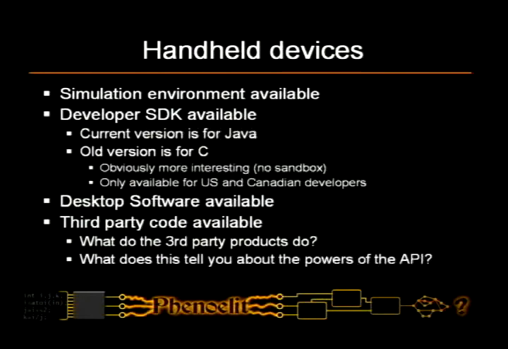So, for the handheld devices, the details were fairly interesting because there is a simulation environment available, which helps a lot. There is a developer SDK available. The current version is for Java. The older version is for C, which of course was a lot more interesting to look at.